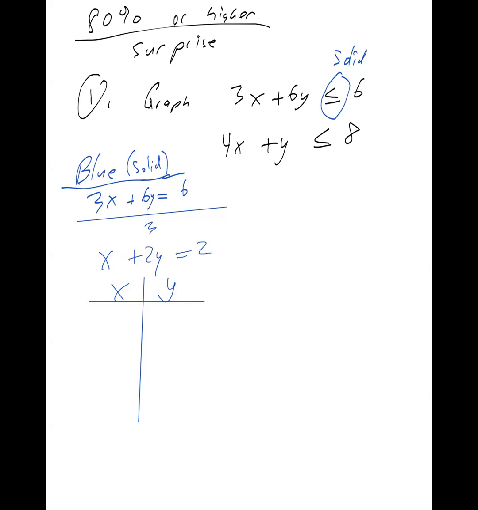Let's plug in 0 for Y. If I plug in 0 for Y, I would have X plus 2 times 0 equals 2, right? And 2 times 0 is 20. Just kidding, it's 0. So X by itself equals 2. So there it is, 2 and 0. Well, that circle is so circular, it doesn't even look like a 0 to my eyes. Okay, so now, how can I find another point on the line?